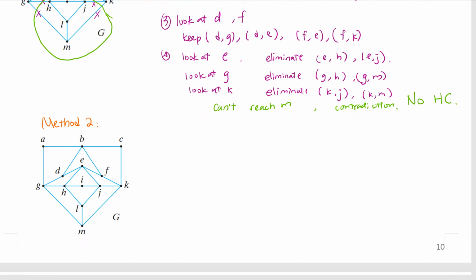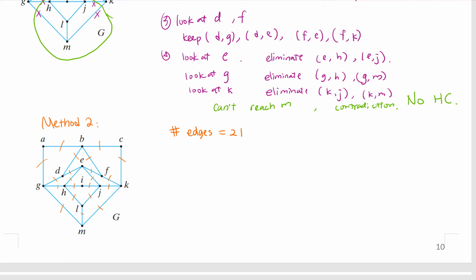First, you want to count the number of edges. So how many are there? 1, 2, 3, 4, 5, 6, 7, 8, 9, 10, 11, 12, 13, 14, 15, 16, 17, 18, 19, 20, 21. So we have 21 edges.